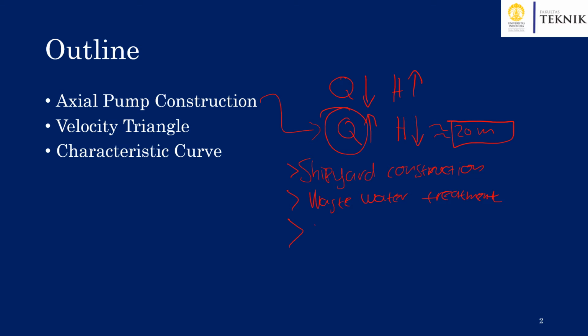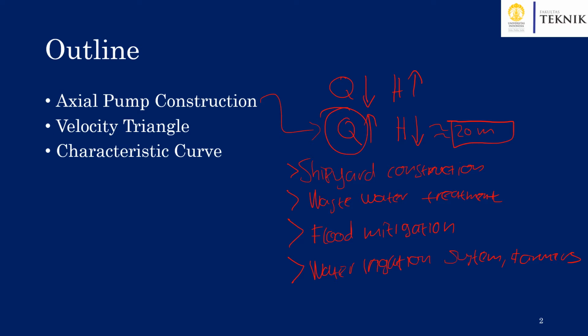So flood mitigation also normally uses an axial type of pump, and also in irrigation systems, farmers normally use it to control the water going into the farm, and so on.